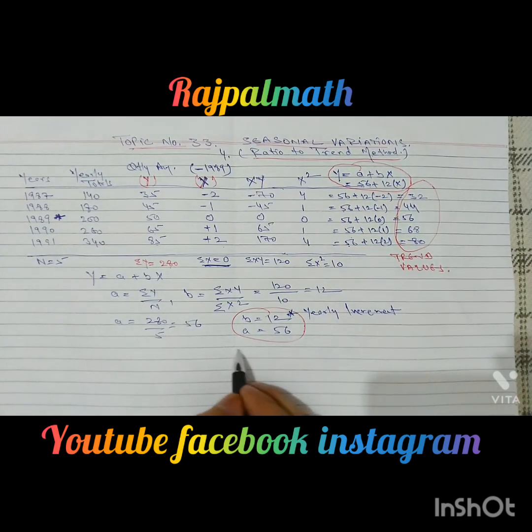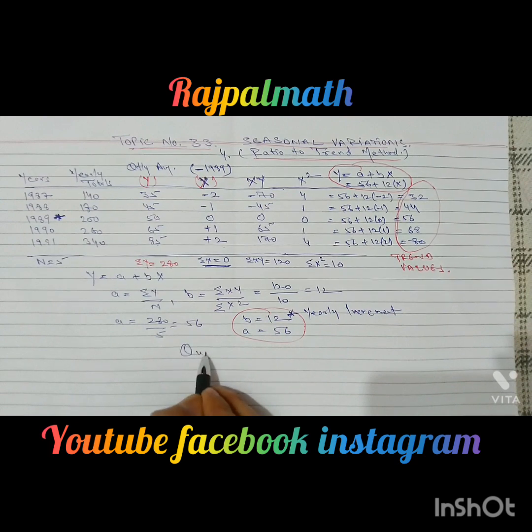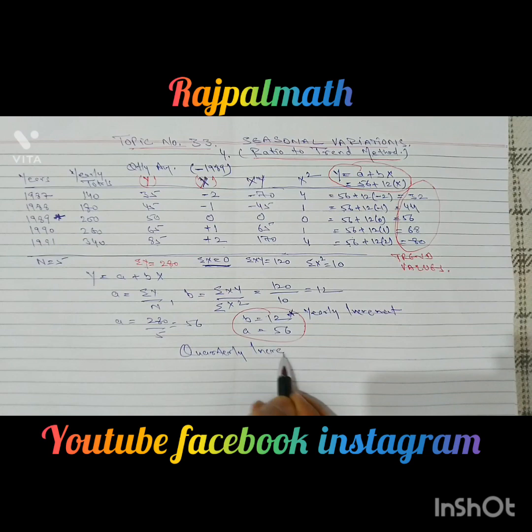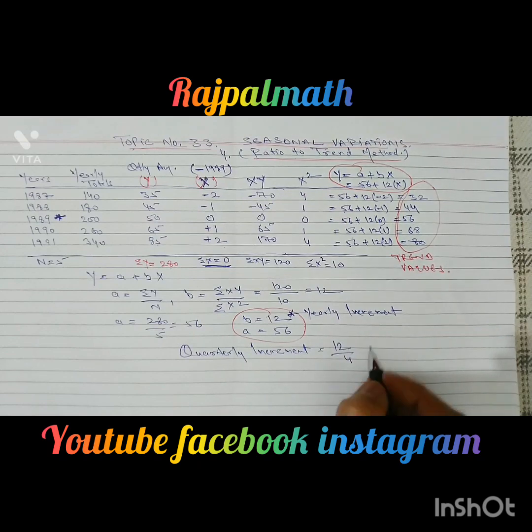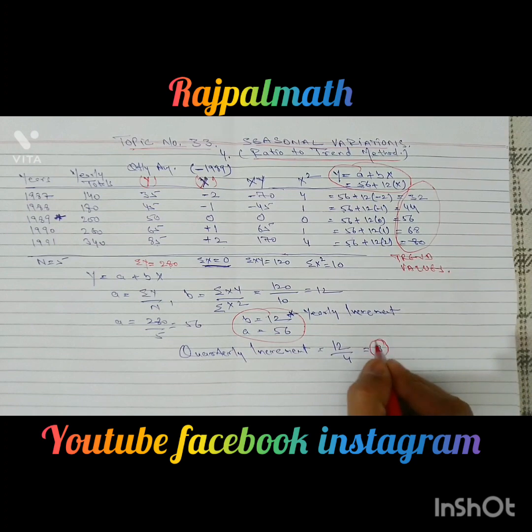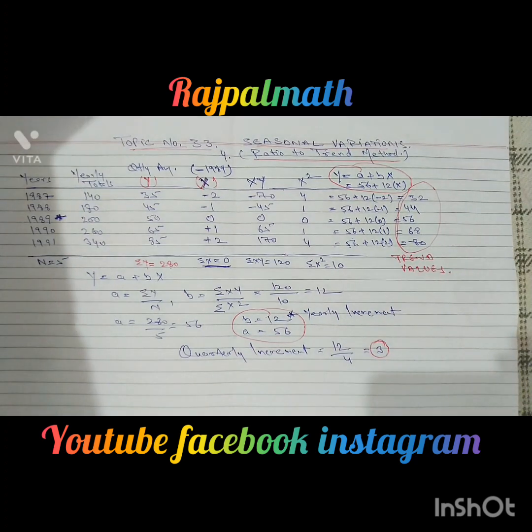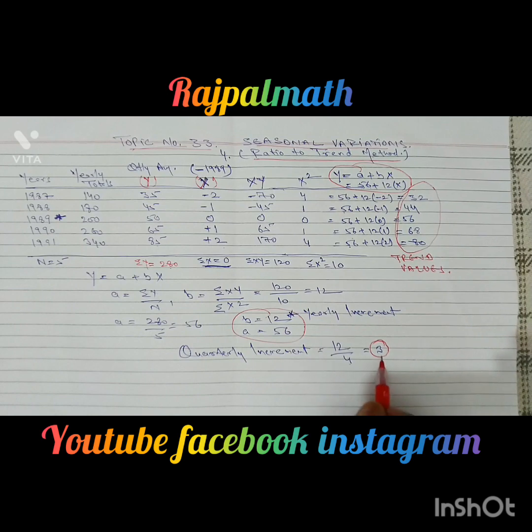Quarterly increment equals yearly increment divided by 4. In a year we have 4 quarters, therefore the quarterly increment is 3.